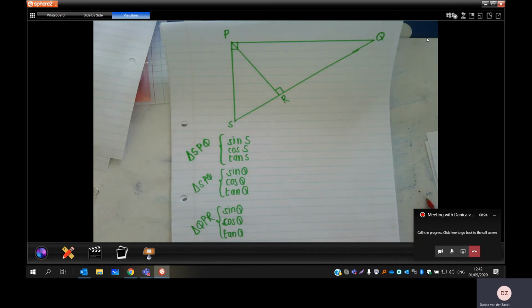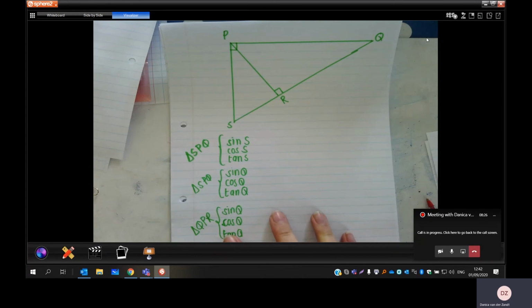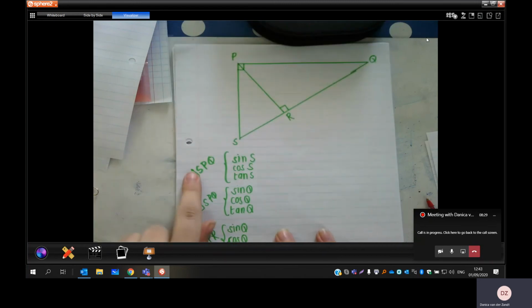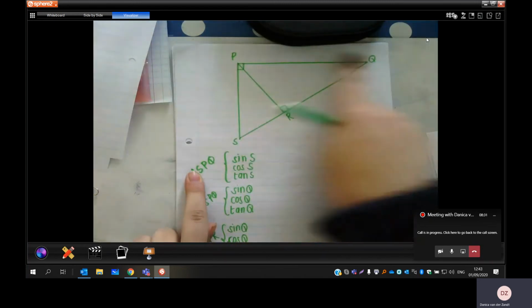Okay. So now, for instance, we'll do sine of S together in triangle SPQ, the big triangle.